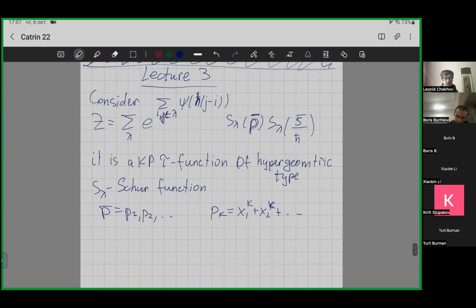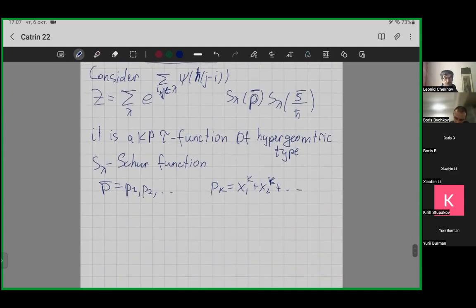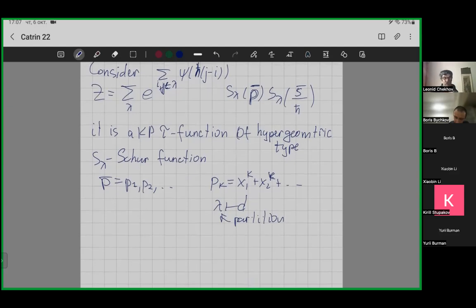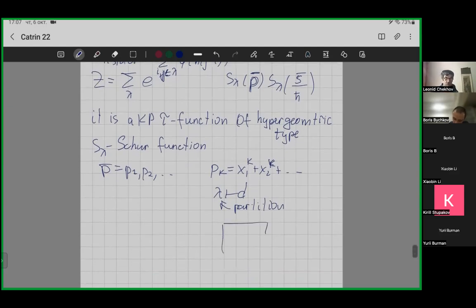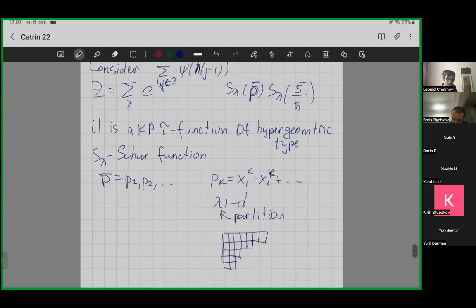So here, if lambda is some partition of d, then we have a Young diagram. It's very standard stuff for me, but maybe not so standard for someone else.